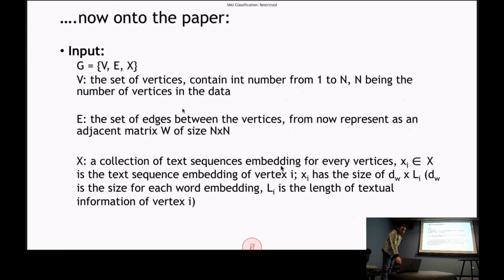Let's just say that each vertex i will have the textual information xi, which is a matrix of size w by li. The w here is just the size of the word embedding, and li is the length of that text sequence. Each vertex will have a different text sequence length.